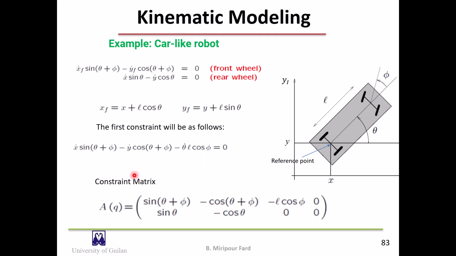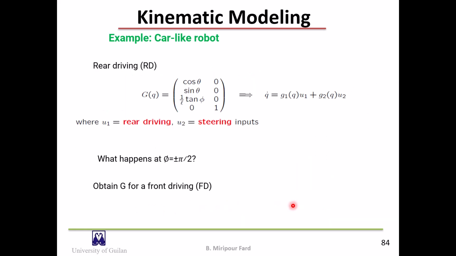We can finally constitute the constraint matrix as seen here. By calculating the null space of the matrix A, matrix G can be obtained. This is done for the rear driving robot. You can see the result here, and this is the G. G relates the actions with the rate of pose change for a car-like robot.